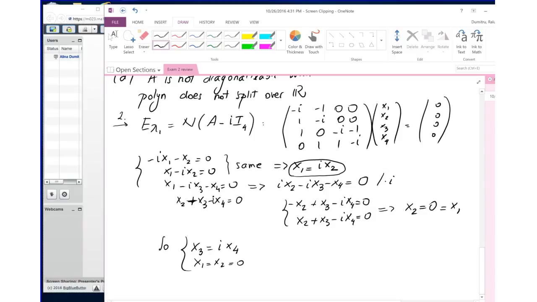So what does that mean for the first eigenspace? What would be a basis? Well, let's look at the solution. The solution looks like this: x1, x2, i x4, x4, right?